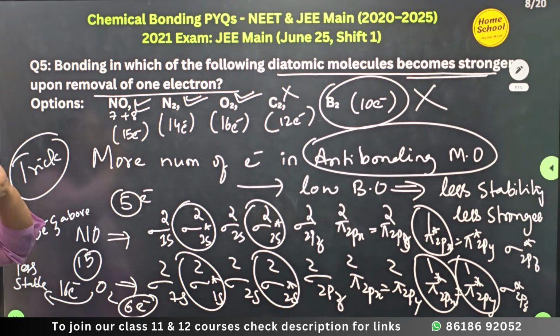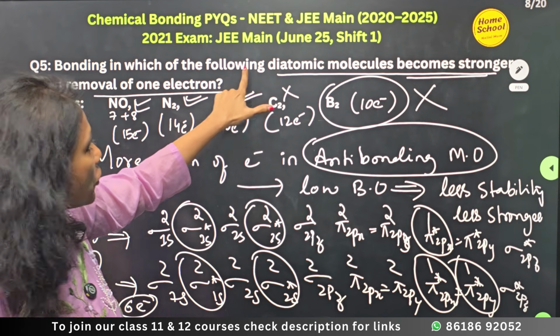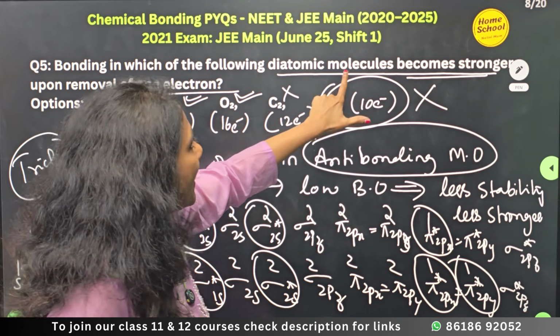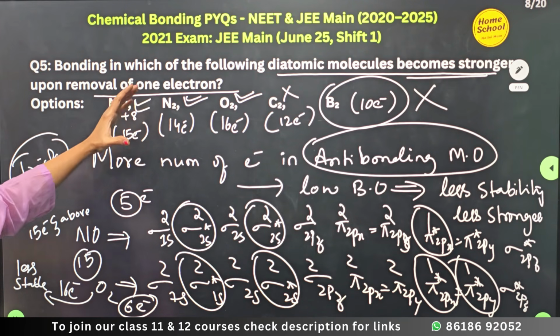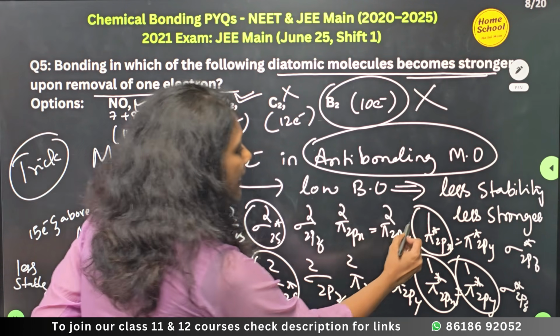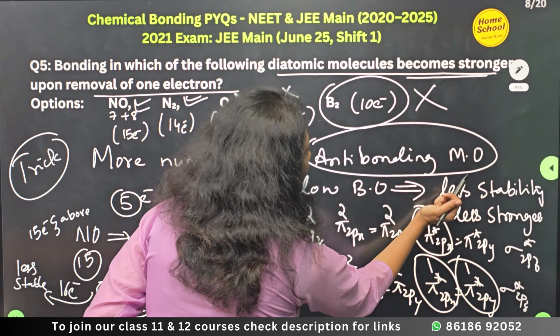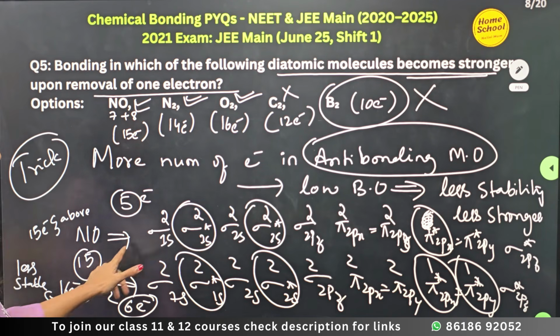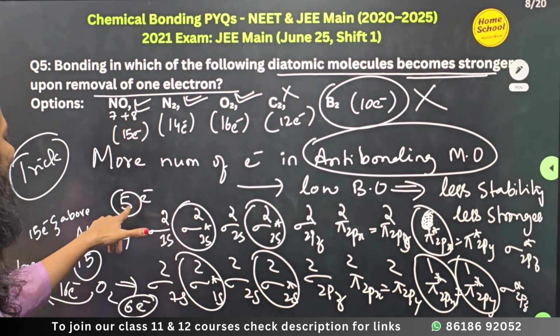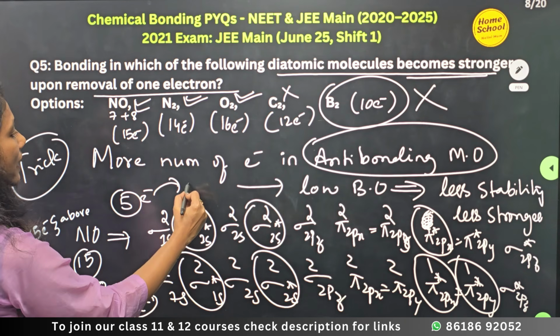But now the question is, bonding in which of the following diatomic molecules becomes stronger upon removal of one electron? See, when I remove one electron from NO, the number of electrons in anti-bonding will become 4.